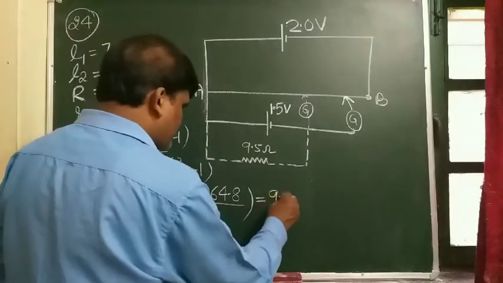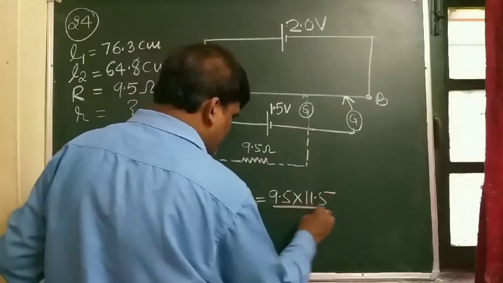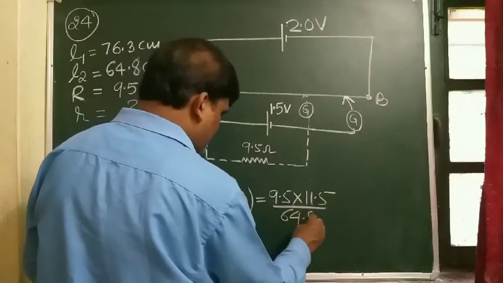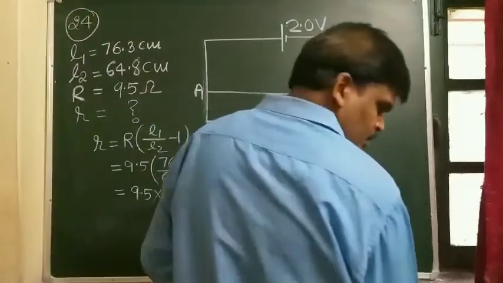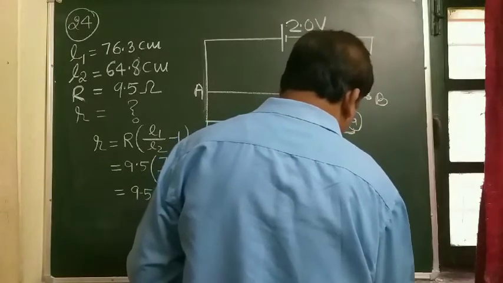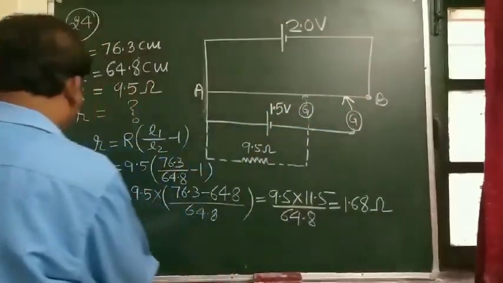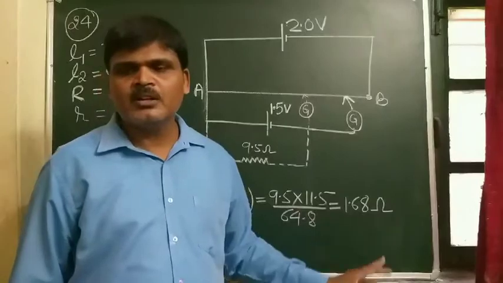So it comes out to be 9.5 into 11.5 by 64.8. This value comes out to be 1.68 ohm, and this is the actual answer for the internal resistance of the cell.